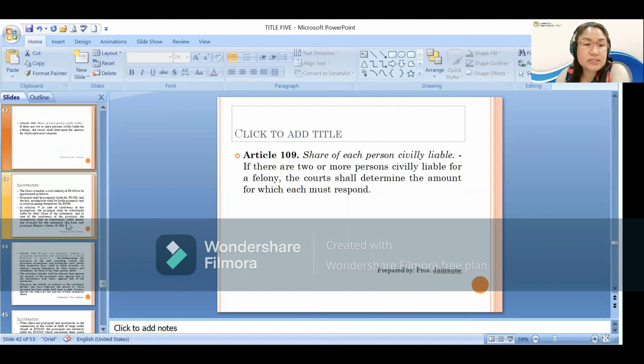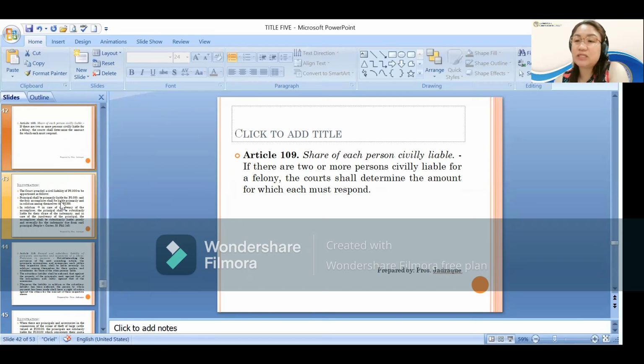Now, just in case there are more than one accused in the commission of the crime, how do we make them civilly liable? Let us say that the court awarded damages to the offended party, but the next question is, how do we make the accused civilly liable just in case there are more than one of them?